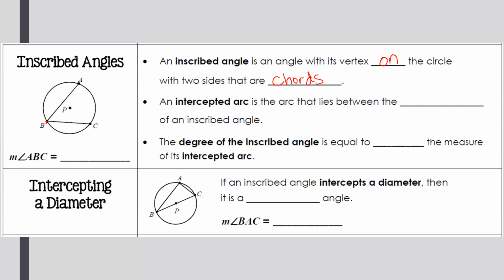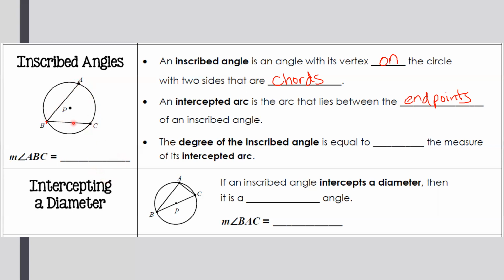The intercepted arc is the arc that lies between the endpoints of an inscribed angle. It's a lot of vocabulary, but what you really need to know is that your intercepted arc is the arc that's inside the angle. So arc AC is the intercepted arc of angle ABC.